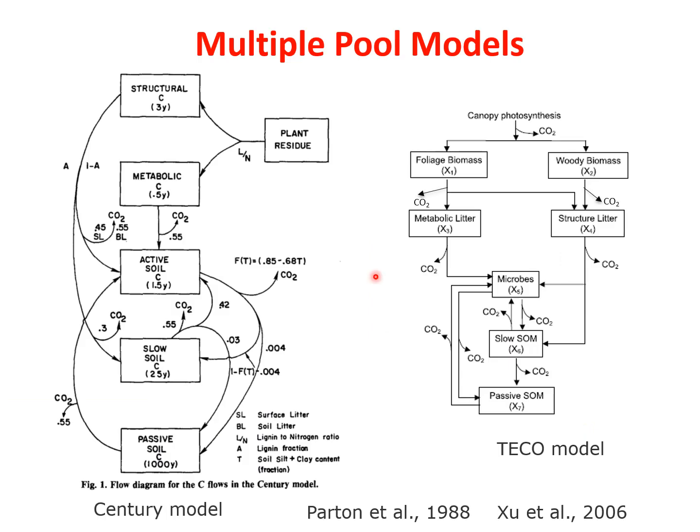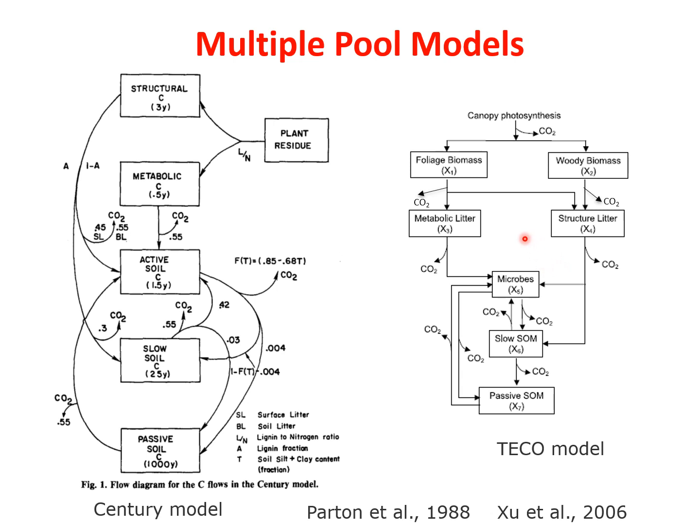So here goes our carbon balance equation for the second carbon pool. The logic applies to multiple pool models. For each pool, we need to know what is the incoming and what is the outgoing flux. Here I show the carbon flow diagram for two carbon models. The left one is the classic soil carbon model, the CENTURY model. The right one is the TECO model.